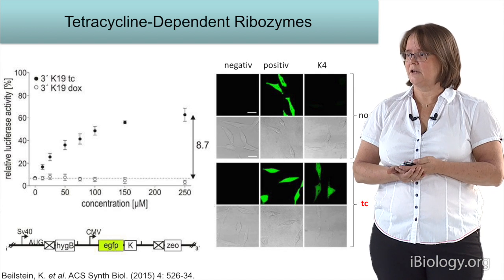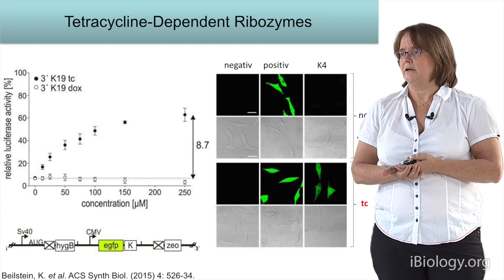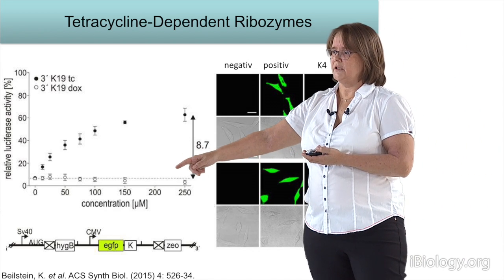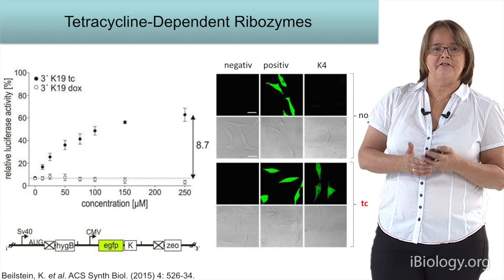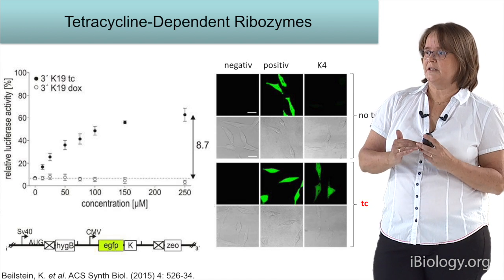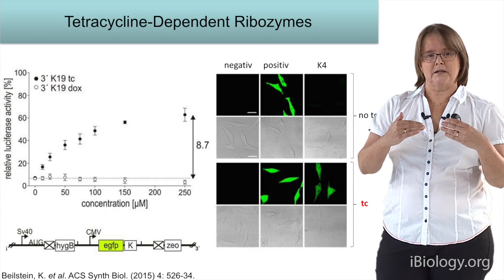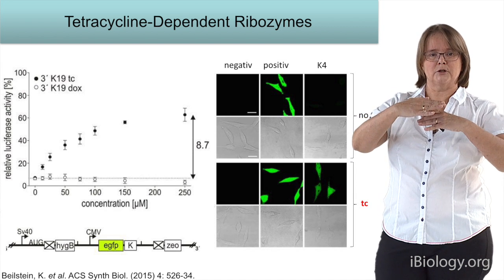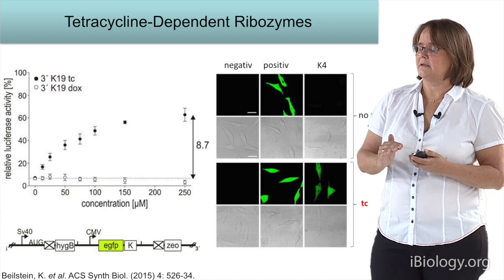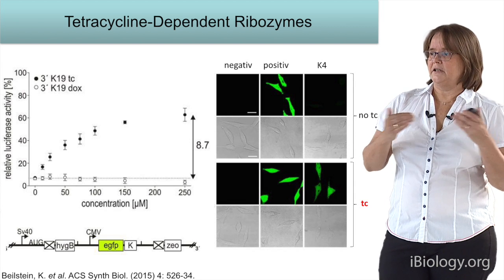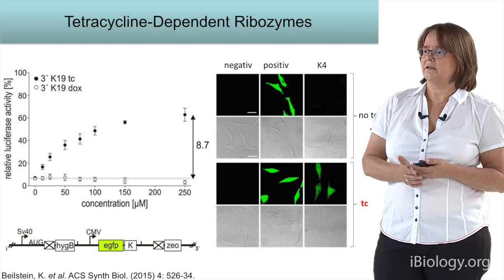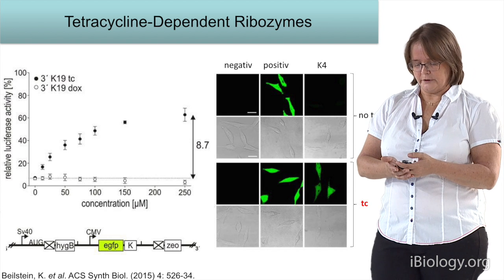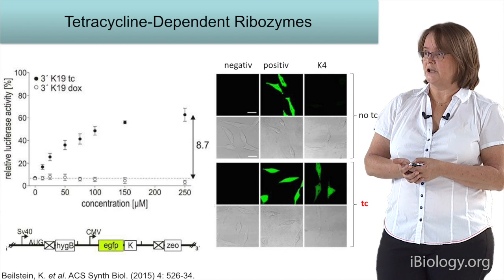That means without tetracycline, you have no gene expression, and then if you add tetracycline, you prevent the breathing of the closing stem, and the loop-loop interaction is disturbed, and this leads to stabilization of the mRNA and to an increase in gene expression.